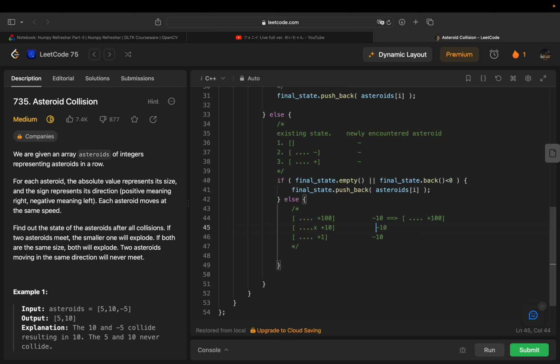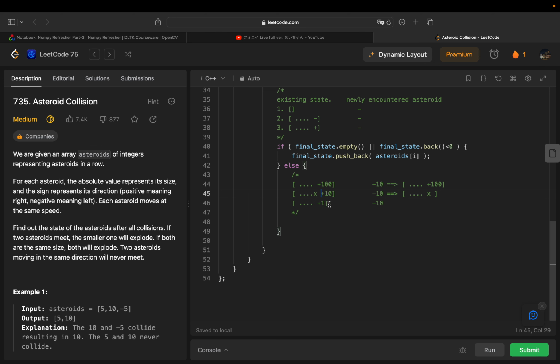So the state will become x, where x is the asteroid one step prior to this one.